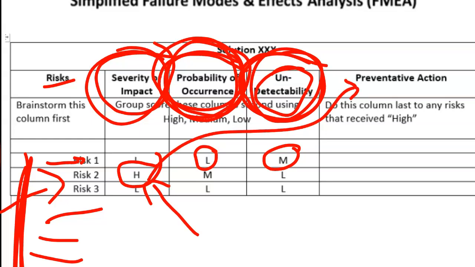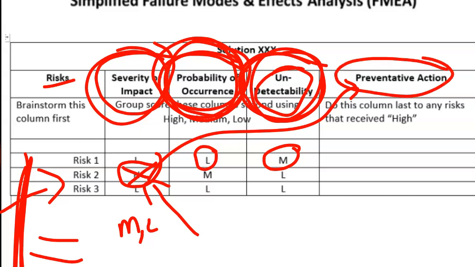That's either a preventative that eliminates the risk altogether or a preventative that turns that high into a medium or a low. Anytime I see a high, I know I've got too risky a solution right now, and I need to work on building preventatives.